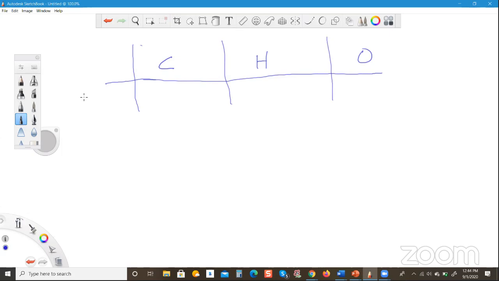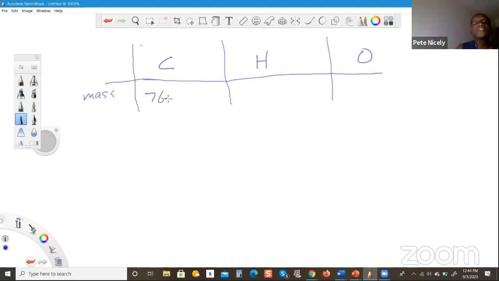So I'm going to start off with the mass row right here. According to the question, we have 76.57% of carbon. So we're just going to write down here, 76.57 grams of carbon.